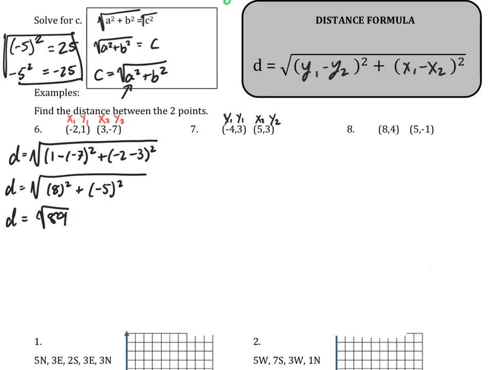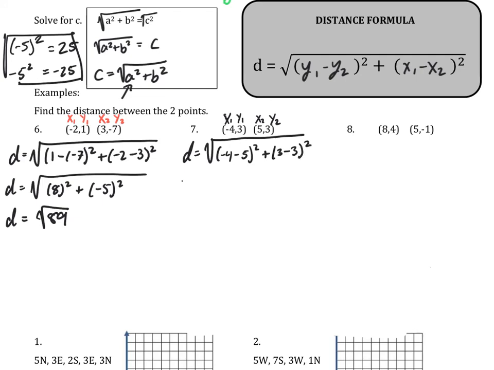The rest of it is the calculator's job for the most part, unless you prefer to do your calculations in your head. So the distance is equal to the square root of, the difference of our x's or our y's doesn't really matter because there's addition in the middle there, so we don't care which comes first. Okay, so I'm going to do my x's. So that's negative 4 minus 5 squared plus 3 minus 3 squared.